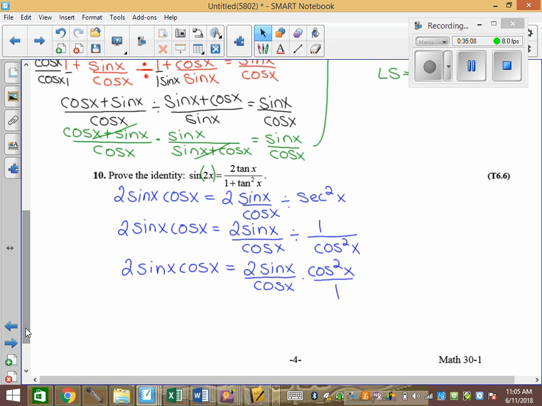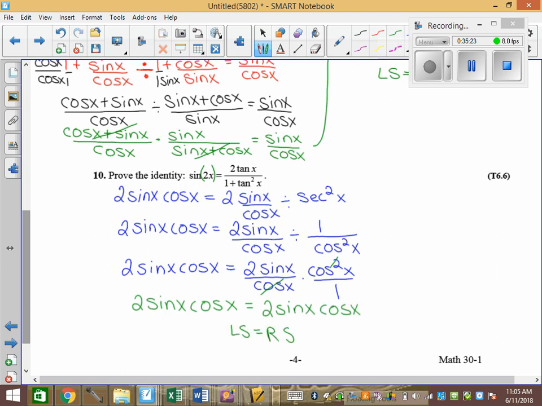And flip it. The cos and the squared cancel. And we're left with 2 sin x cos x equals 2 sin x cos x. Left side equals right side.